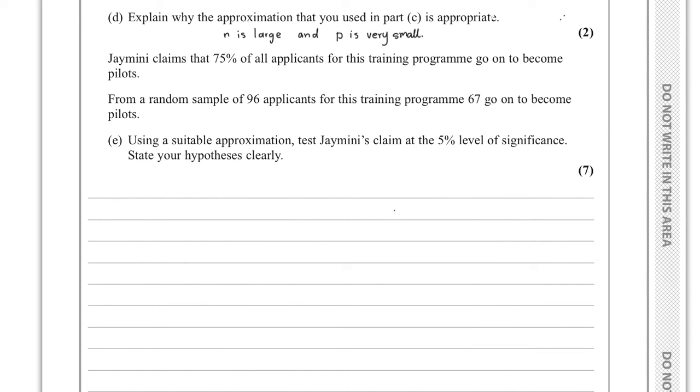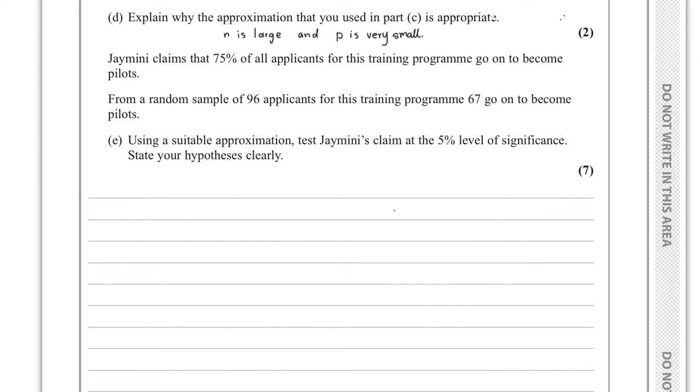Next, Gemini claims that 75% of applicants for this training program go on to become pilots. From a random sample of 96 applicants for this training program, 67 go on to become pilots. Using a suitable approximation, test Gemini's claim at the 5% significance level. State your hypothesis clearly. Okay, first let's see what information we have here.